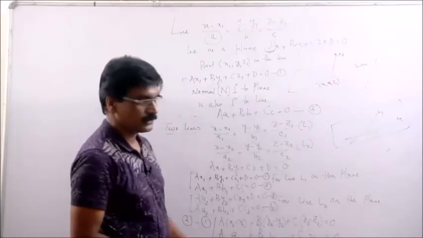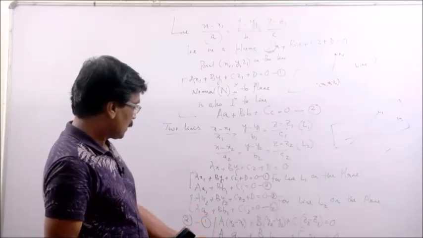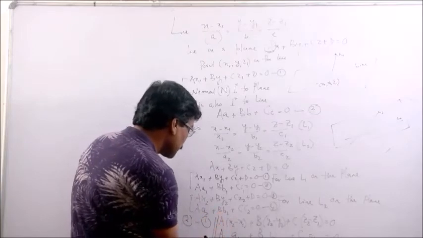Now, we have 3 equations and 3 unknowns, that is a, b, c.